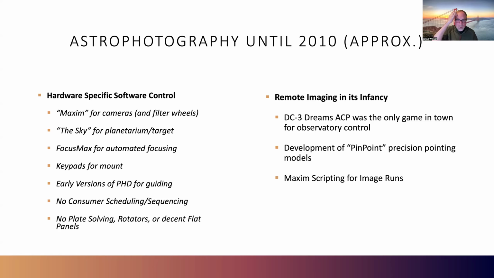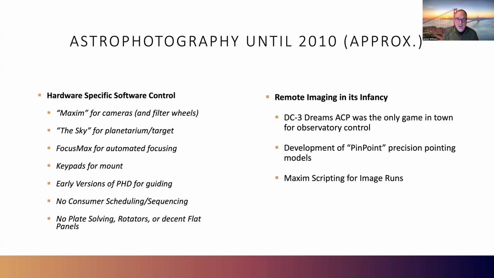So remote imaging was really in its infancy. The big player on the block was DC3 Dreams. They had a product called ACP. So if you had spent a bunch of money building your own observatory, or were in one of the relatively uncommon remote shared facilities at the time, you were probably running ACP, and it was pricey.